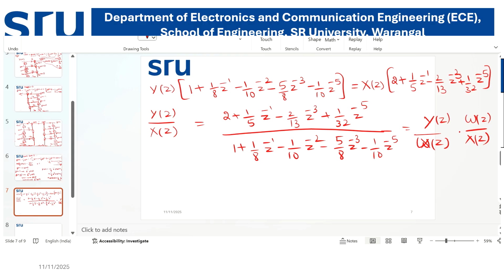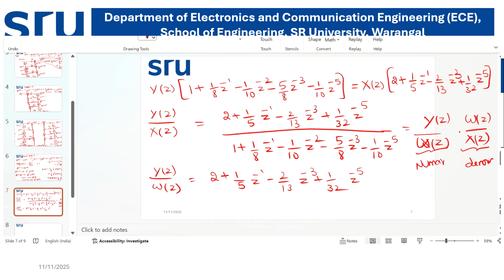Now in this factor, Y(z) by W(z) always consider as the numerator value. And the first term I am equating with the numerator, and the second term I will equate to the denominator value. So this first function I am equating with Y(z) by W(z), and the denominator value I will equate to X(z) by W(z).